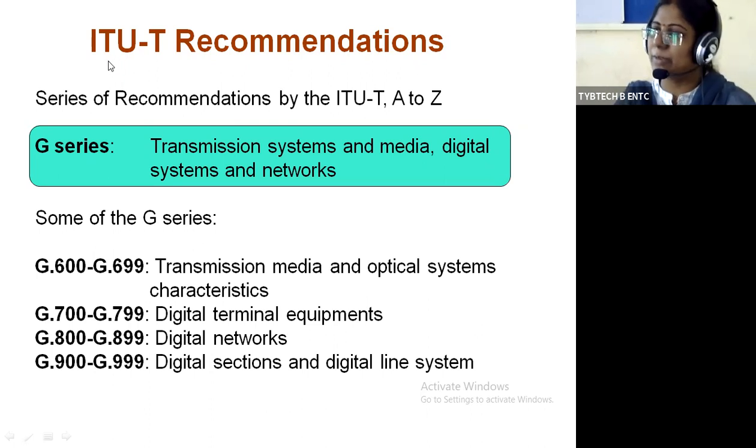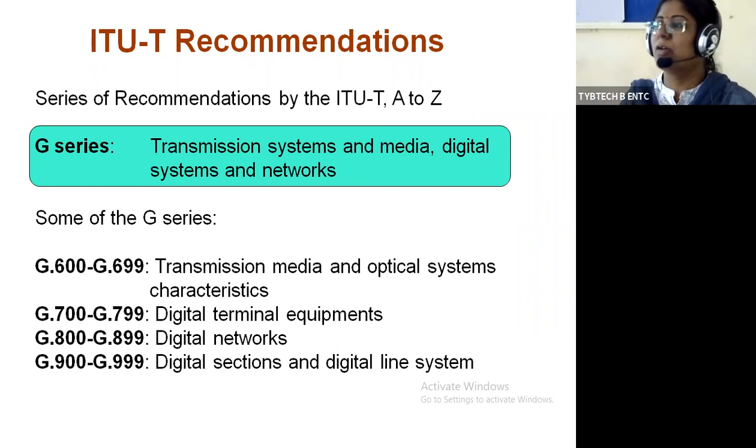That is, whatever standard definitions there are in optical fiber, electronics, and mostly related to telecommunication, those are approved by this ITU-T standard. Like IEEE, which stands for Institute of Electrical and Electronics Engineers. For LAN connections and so on, the IEEE standards are followed.